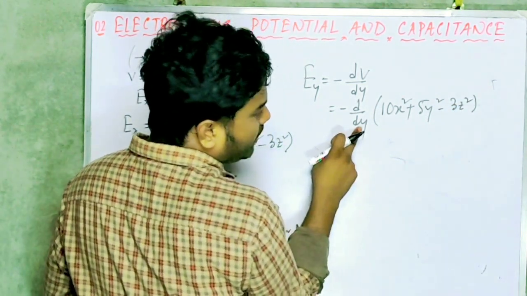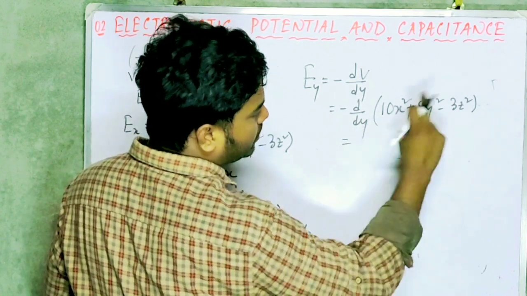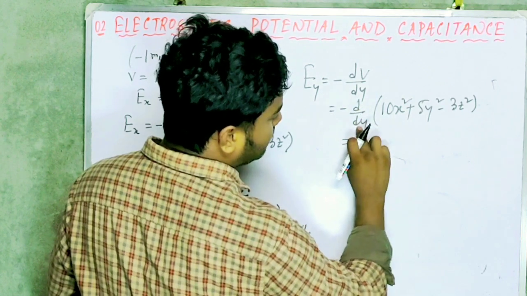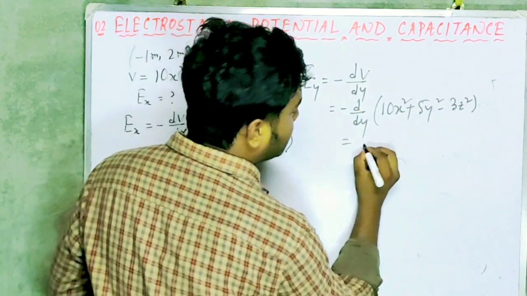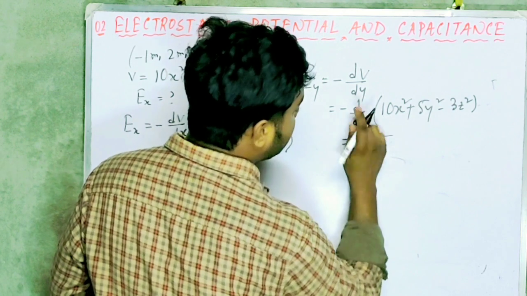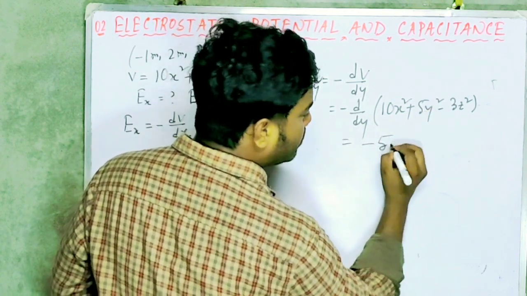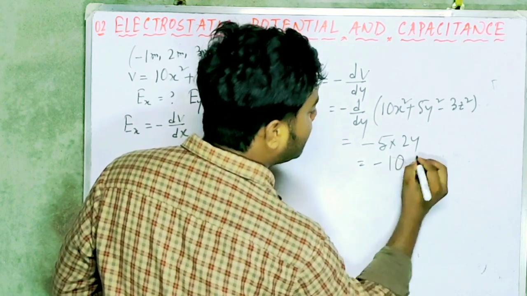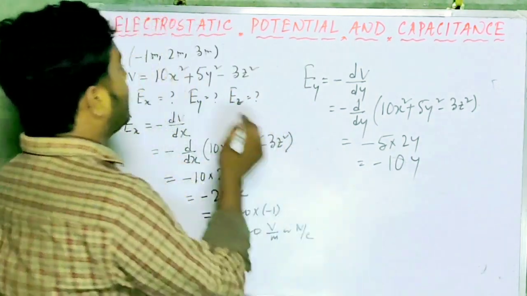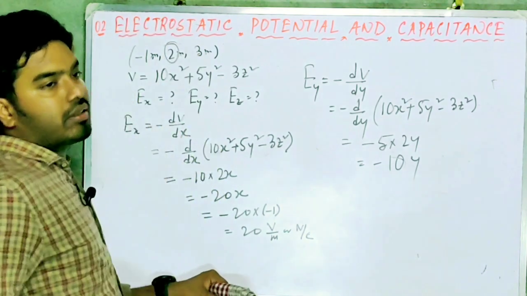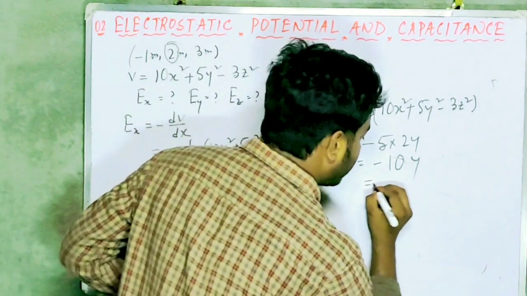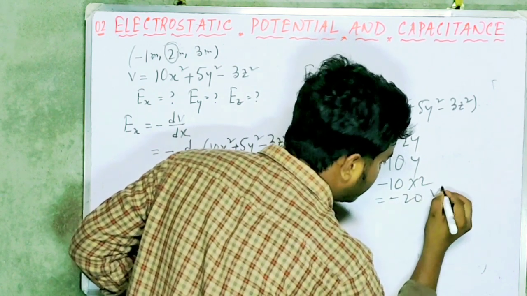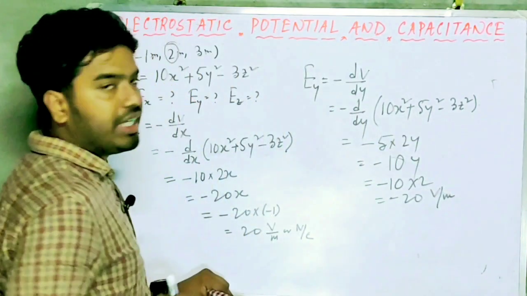Now this differentiation is with respect to y, so the x expression will be 0, the z expression will be 0, and we have to differentiate only the y part, that is minus 5 constant, d/dy of y square, so 2y, that is minus 10y. According to the question, the value of y is given as 2 meter, so putting that, minus 10 into 2, the expression is minus 20 volt per meter.